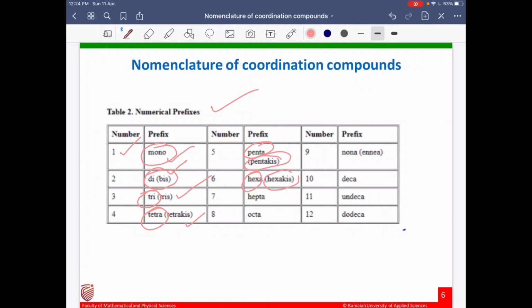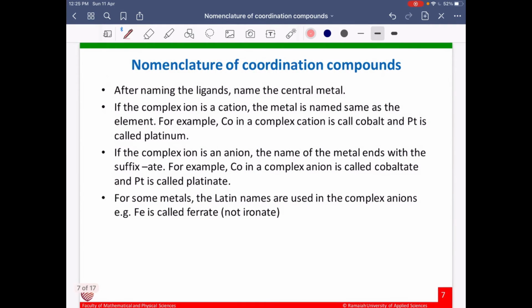Hexa, for polydentate, hexakis. Hepta, octa, nona, deca, undeca, and dodeca. These are the numerical prefixes which we should put in front of the name of the ligands based on how many molecules or how many ligands are present in that structure.